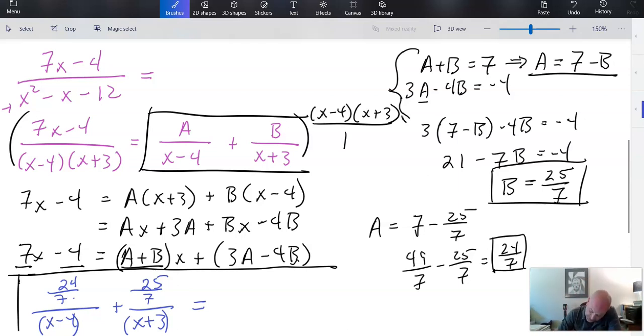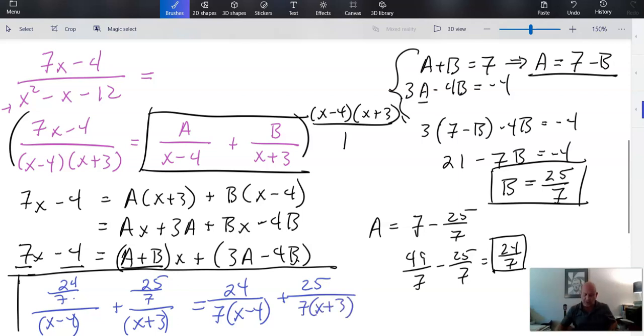But this does boil down to 24 over 7 times x minus 4 plus 25 over 7 times x plus 3. So it also gets written this way. And so we have our answer.